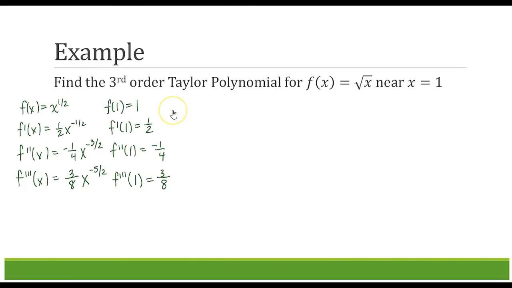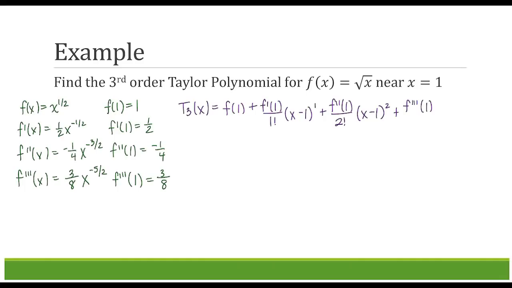Now we can go ahead and start building our third order Taylor polynomial. So T sub 3 of x, in general, I'll write out: f of 1 plus f prime of 1 over 1 factorial times x minus a, being 1, to the first, plus the second derivative at 1 over 2 factorial times x minus 1 squared, and the third derivative at 1 over 3 factorial times x minus 1 to the third. So this is the general formula, and then we substitute in the values that we found over here as scratch work.